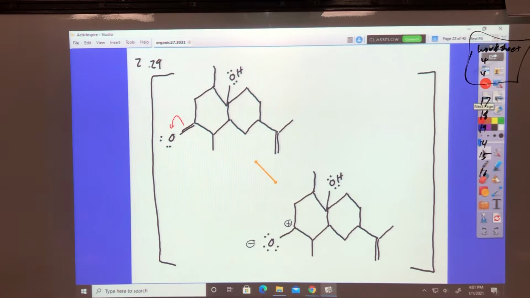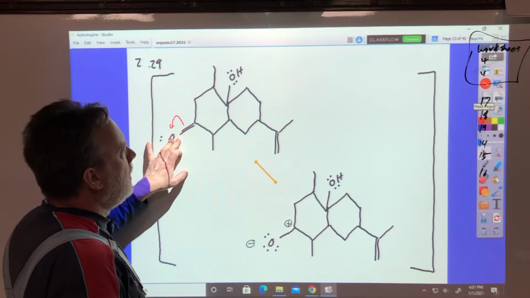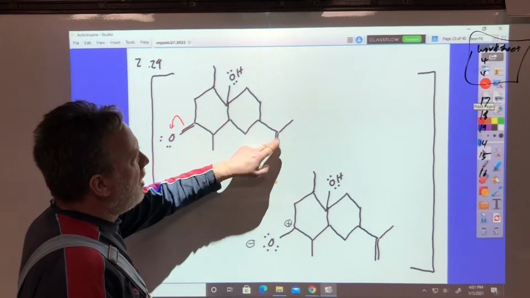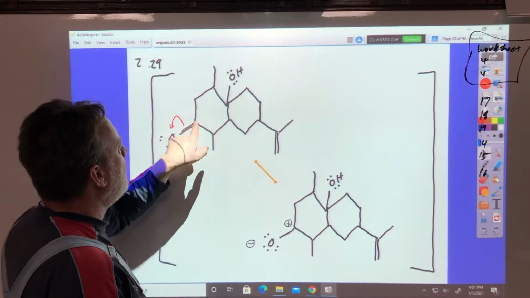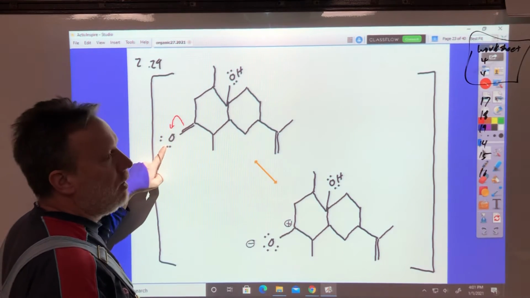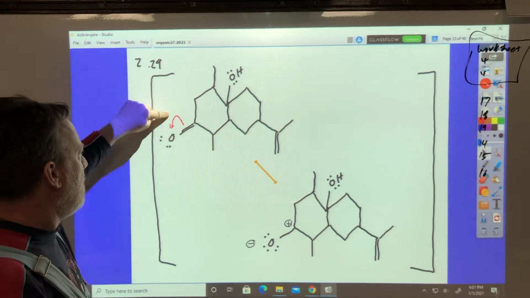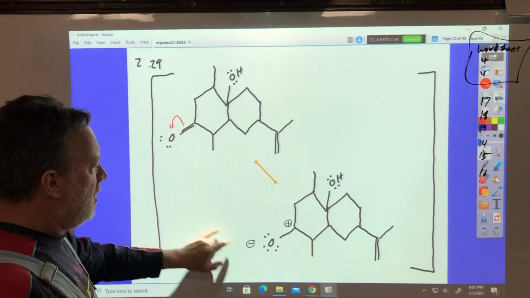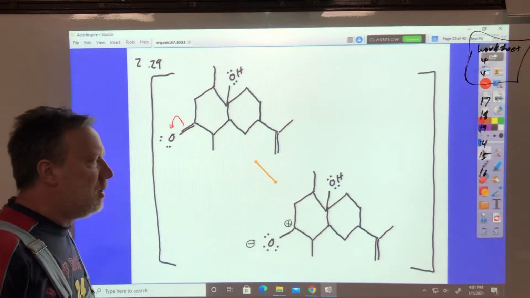Okay, on this particular one, there's a whole lot of molecule here for this little bit going on. This is a carbon and carbon, so you're not going to see anything happening here, because this one is carbon and oxygen. We have a more electronegative atom here. Electrons jump out of this double bond, and you end up with 3 lone pairs, a negative formal charge, and a positive formal charge.